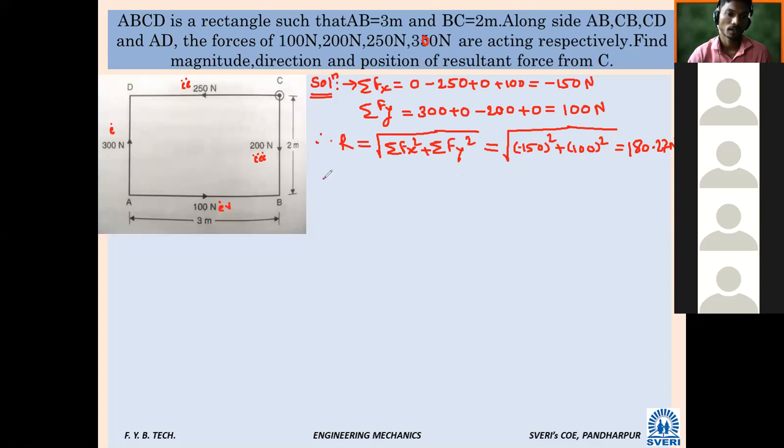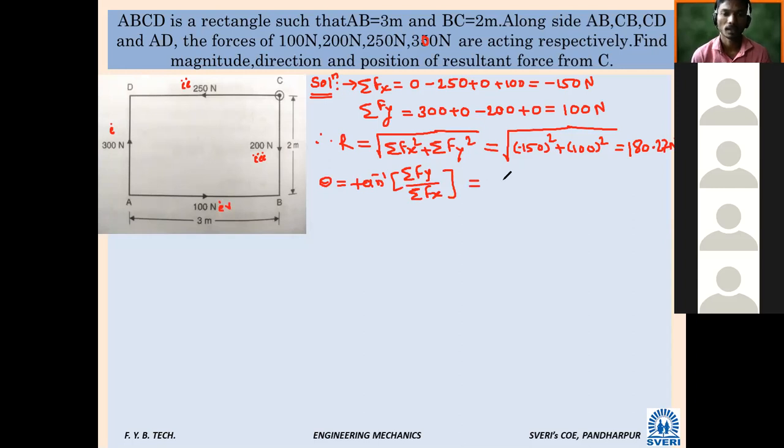Next, what are we supposed to calculate now? Theta. Theta is equal to, directly shall I write, tan inverse of summation Fy divided by summation Fx.